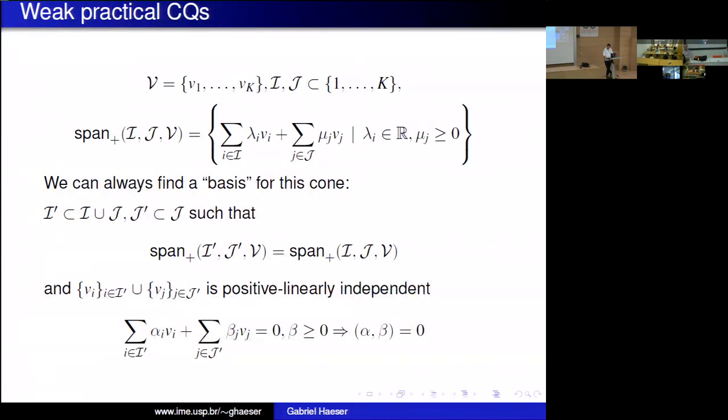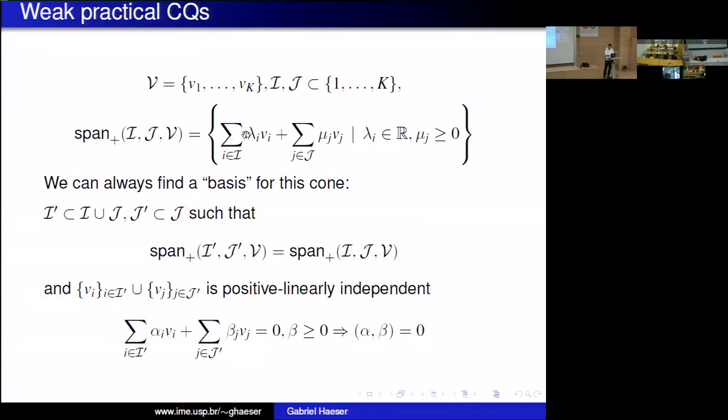So to define this condition, what we call CPG, constraint qualification, constant positive generators, we have to define this idea of a basis for a cone. I have here some vectors, V1 to Vk, and I have two subsets of indexes. Then I can form the space of positively generated vectors.